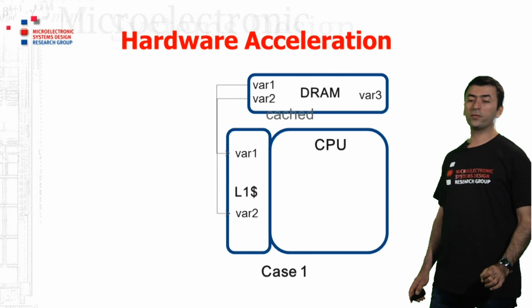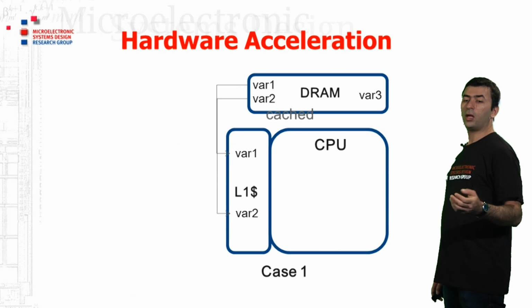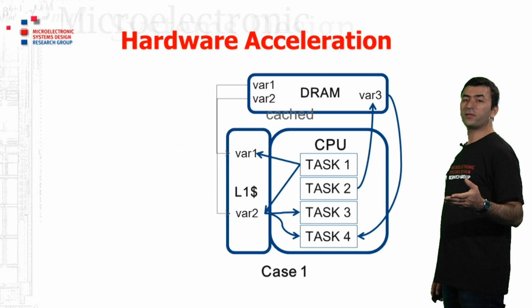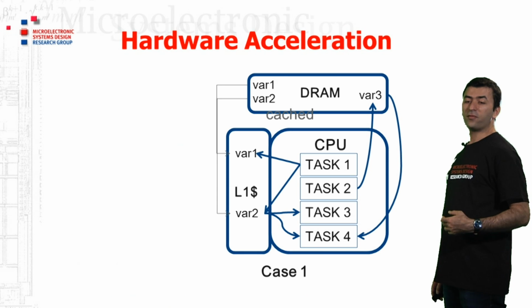So, suppose that we have a normal CPU subsystem. Our CPU has a very simple cache, and then there is the DRAM memory, and then there are a set of tasks that the CPU is executing. These tasks have dependencies on the variables. The variables are stored either in the DRAM memory or some of them are cached into the caches of the CPU.